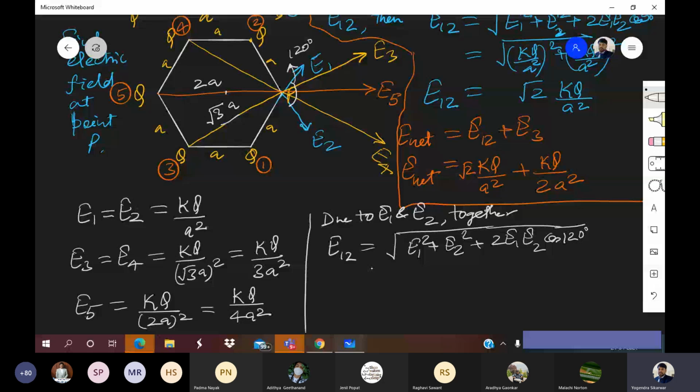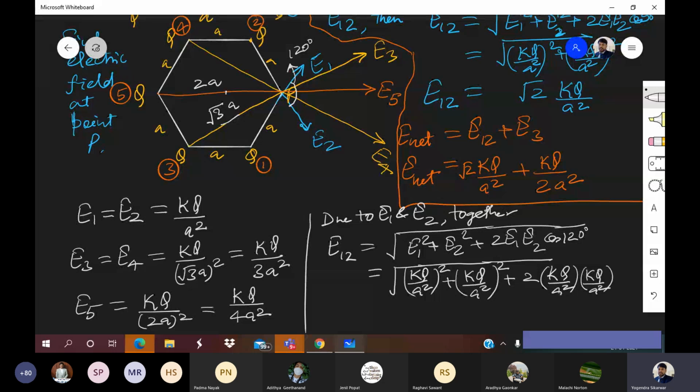So basically the terms will get cancelled, and E12 is in this direction with value KQ upon A square. Mind it.